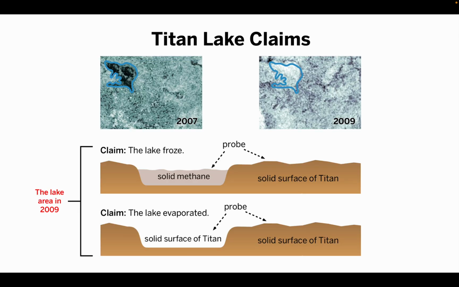Let's get started. So once again, the Titan Lake claims: there was a lake in 2007, and there was nothing there in 2009. It either froze and we see the solid methane, or the lake evaporated and what we see as solid is actually the solid surface of Titan.